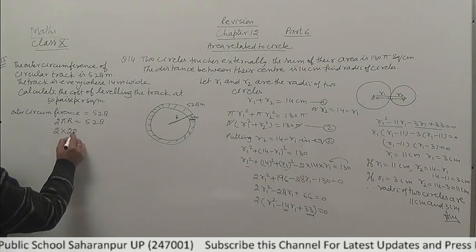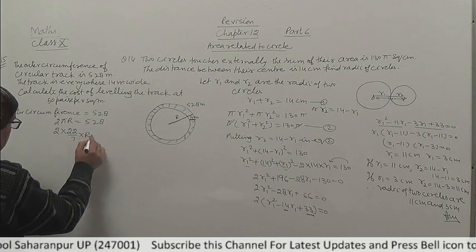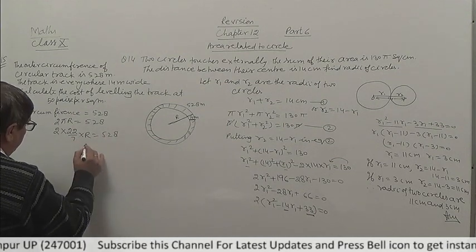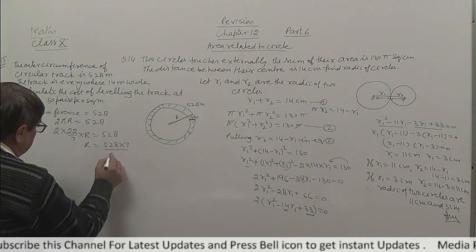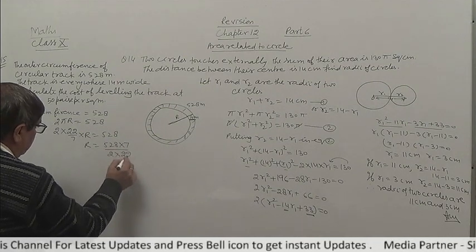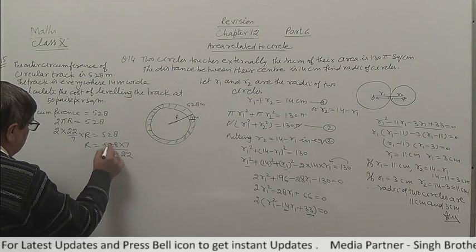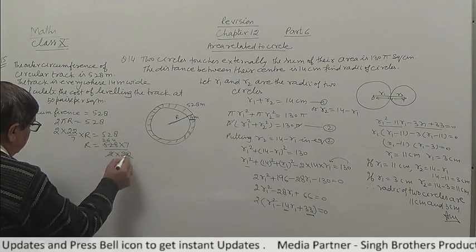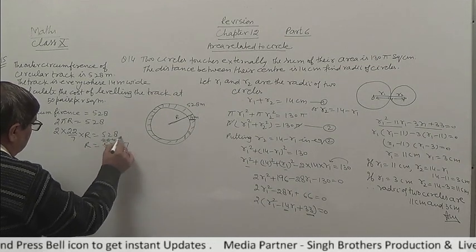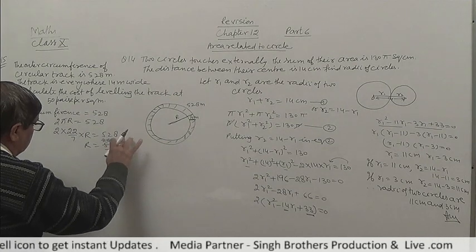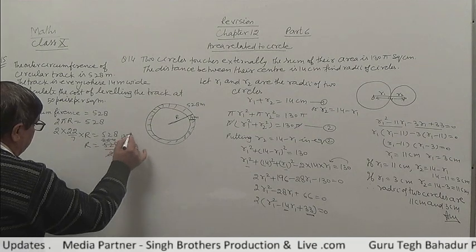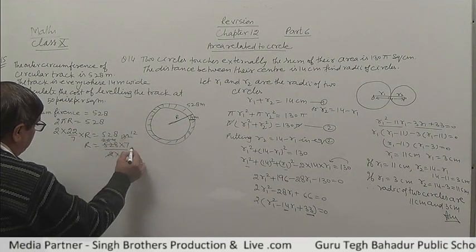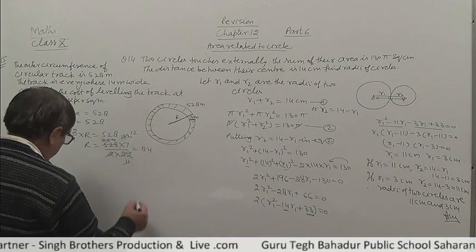2 into 22 upon 7 into R is equal to 528. So R is 528 into 7 upon 2 into 22, which comes to 84.